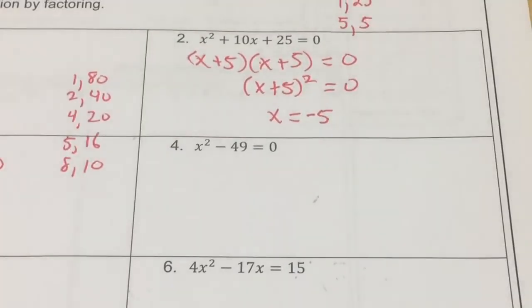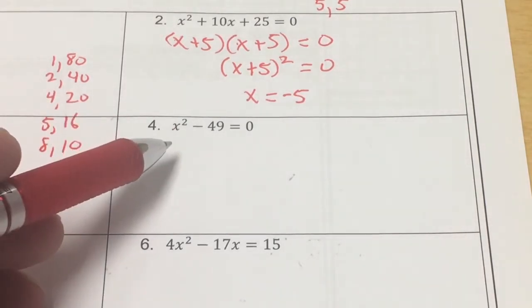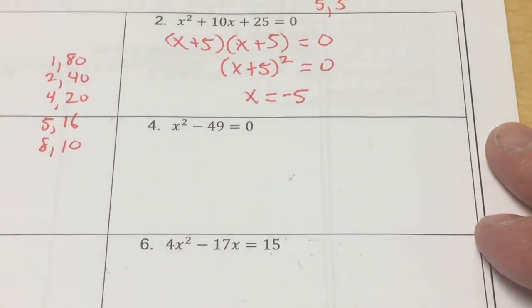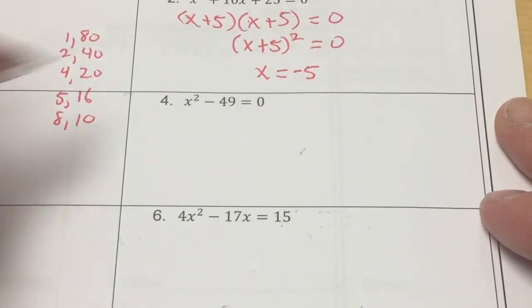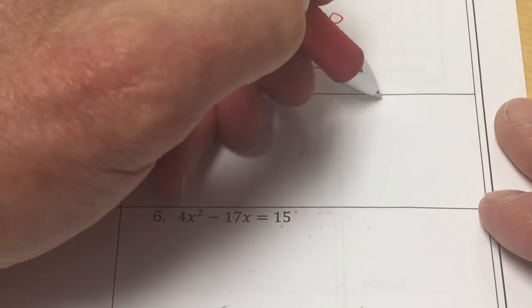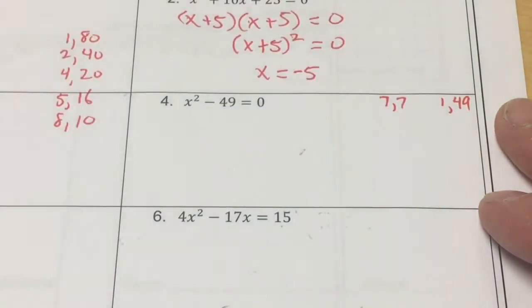Now, of the ones on this page, number 4 is the only one that we might use a different strategy on. We could solve this using square roots also. But in the interest of doing what we were supposed to do, practice factoring, we will do our factors. Now, 7 times 7 and 1 times 49 are the only pairs that will work.